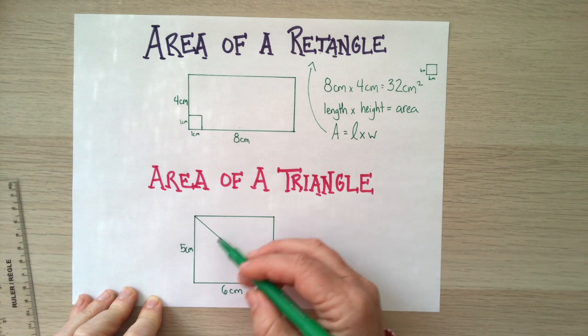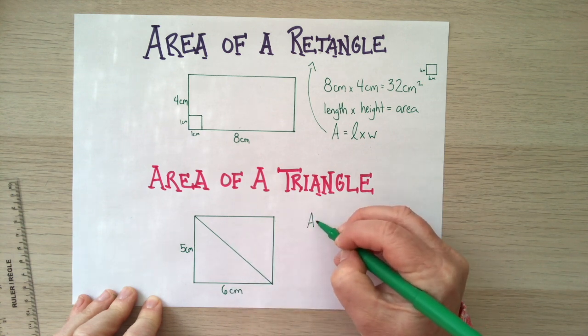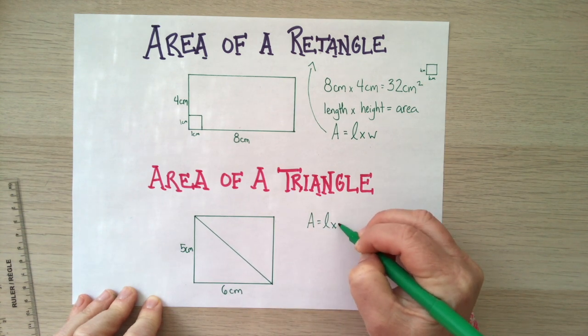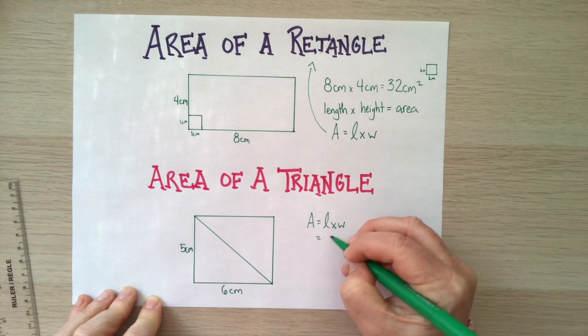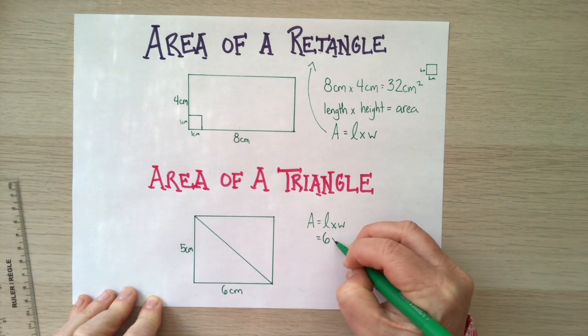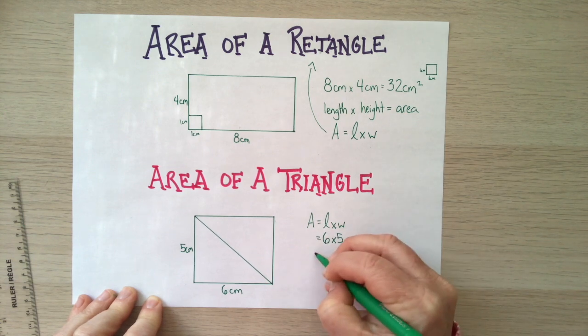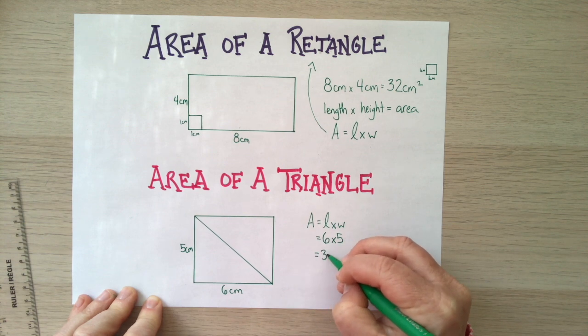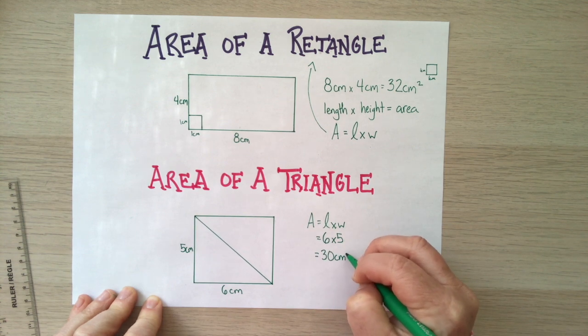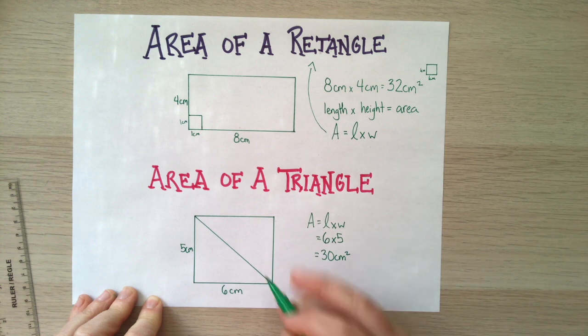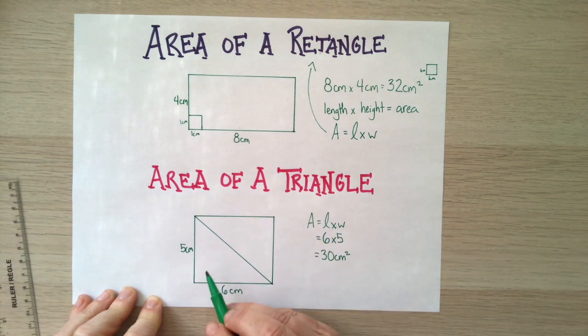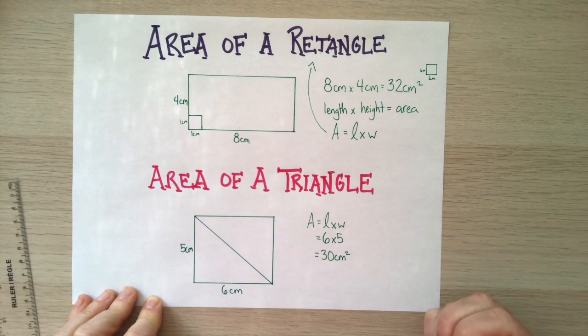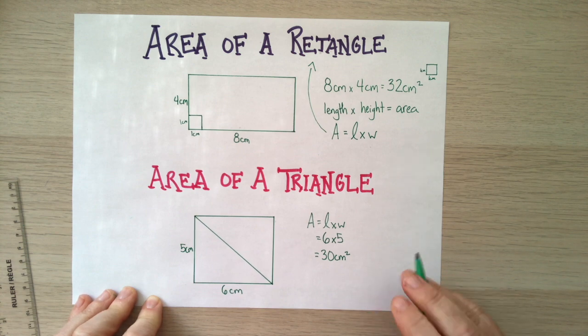So if this is a full rectangle and we do area equals length times width, which equals 6 times 5, which would equal 30 centimeters squared. That's for the full rectangle. This triangle is half of it. So what do I do to it?